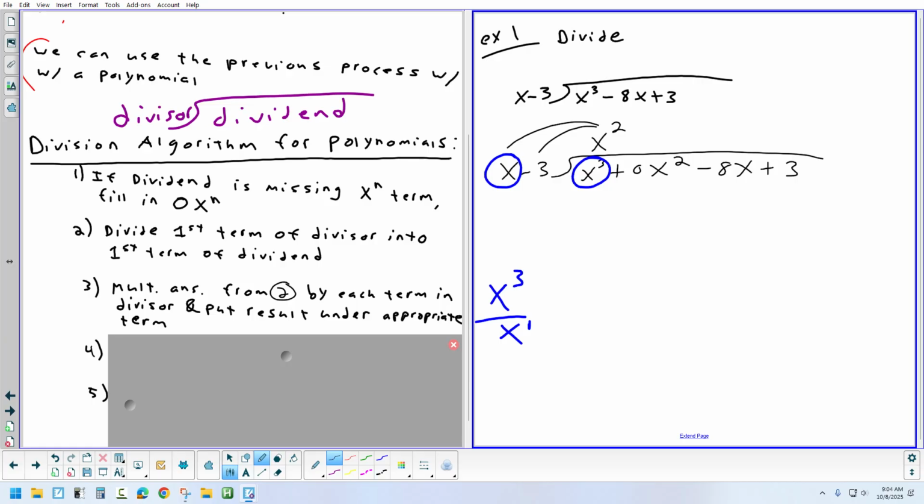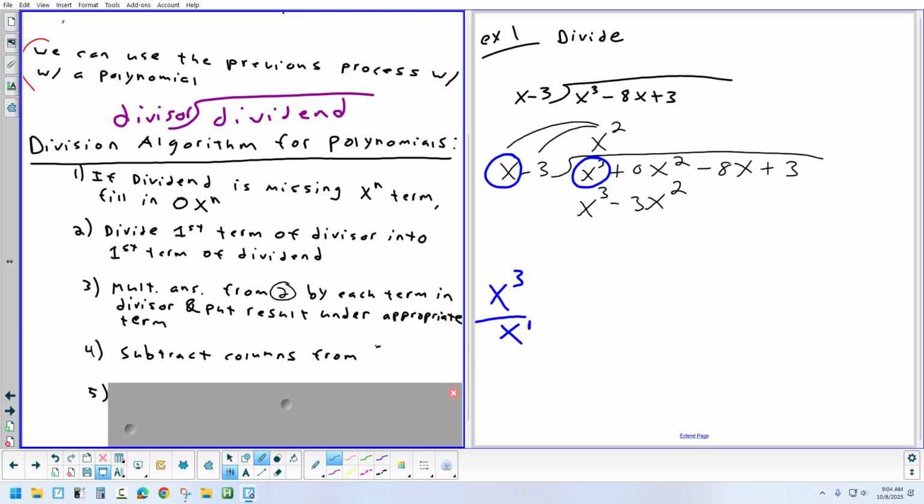So let's start with x squared times x. That's x cubed. So put that in the x cubed column. And what's x squared times negative 3? Negative 3x squared. Put that in the x squared column. So that's step 3. Multiply that back out.